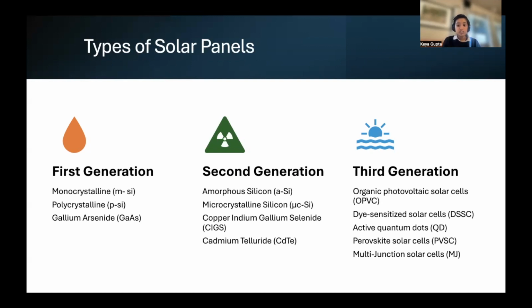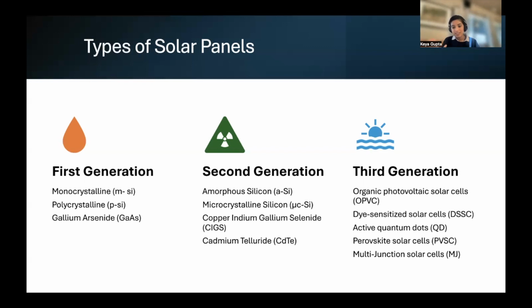And then you have the third generation solar panels, which are still in testing. For the most part, they're very cheap, but they're not efficient. And they don't follow traditional solar cell technology, with the exception of multi-junction solar cells, which is basically a bunch of different types of solar cells stacked together, so that it can catch multiple different kinds of light.